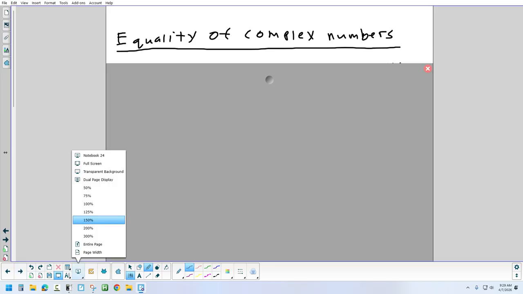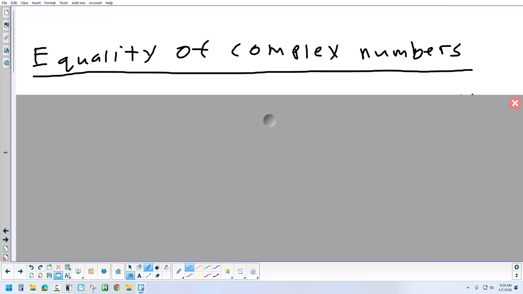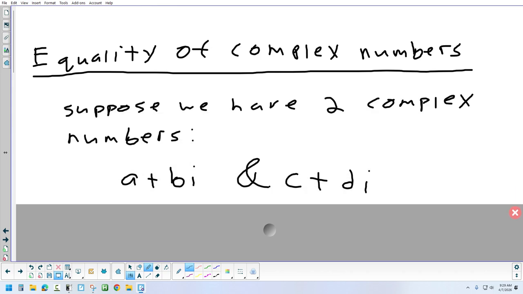All right, so what does it mean for 2 complex numbers to be equal to each other? Well, let's say we had these 2 complex numbers. For the complex number on the left, a plus bi, what's the real part? A. That's the real part. For the other complex number, what's the real part there?